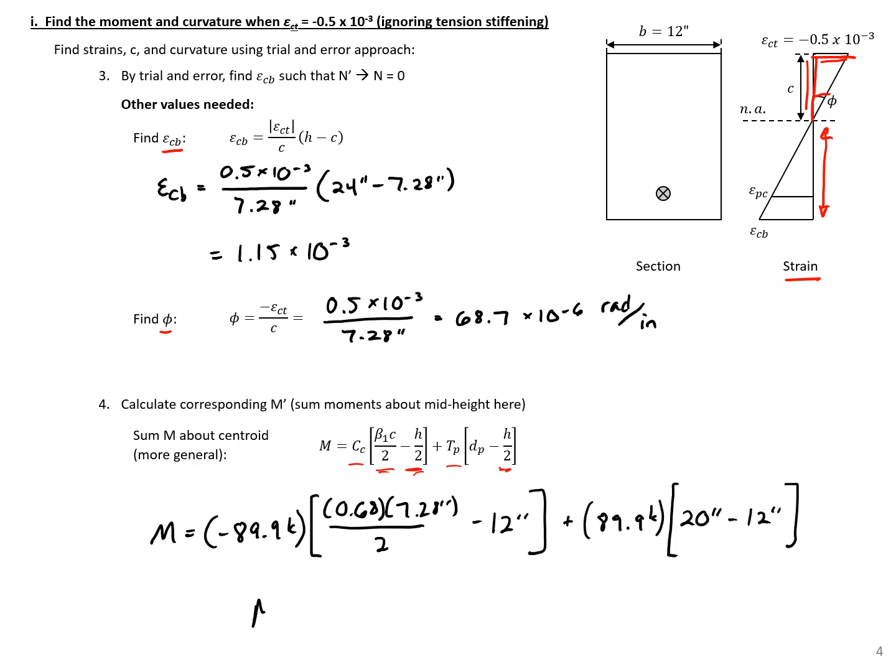This will give us a moment here equal to 1,576 kip inches. So now we have our moment and we have our curvature at this point.